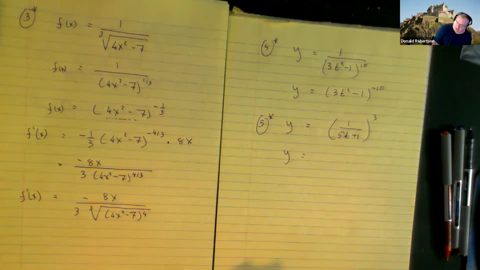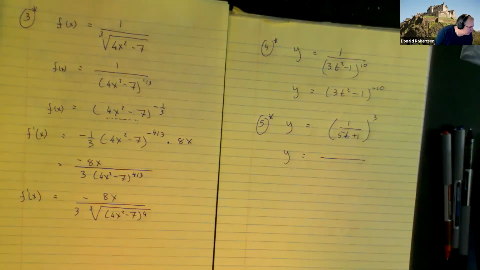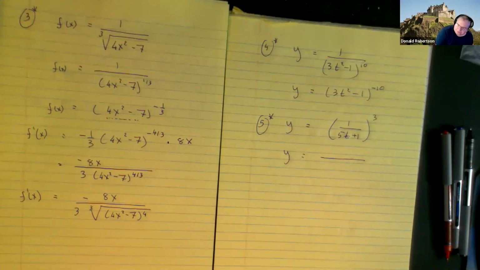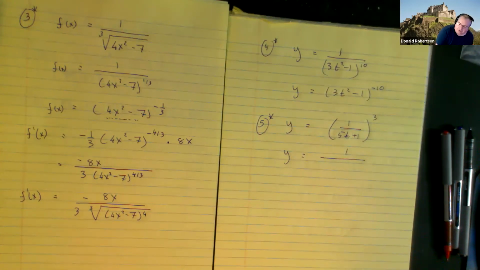So let's think of algebra. Algebra can make your life simple, even if you don't always think it is. I want to write this as a different fraction. Any suggestions? Not a clue. We'll go on the bottom.